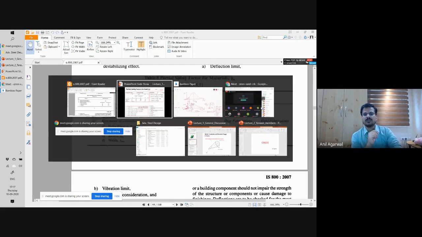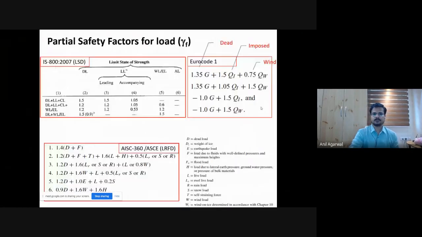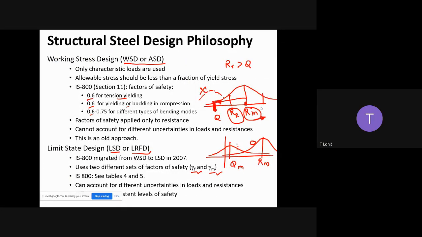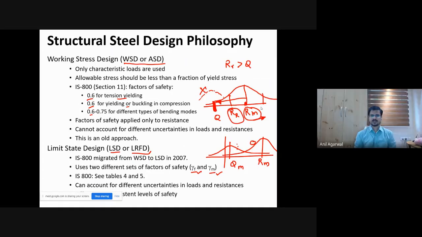1 divided by 1.65 is how much? 0.60, 60%. Okay. Now look at the earlier ASD version of IS 800. What was the factor of safety for tension yielding? It is not really a factor of safety; it is basically 1 divided by 0.6 that you have to say.